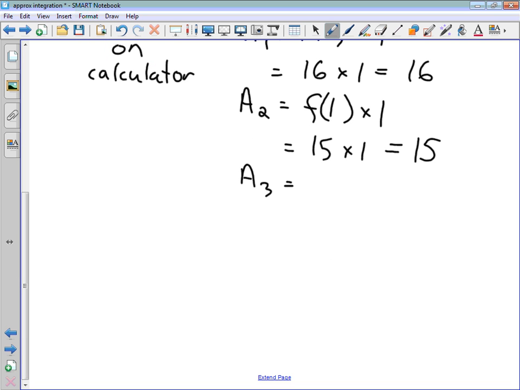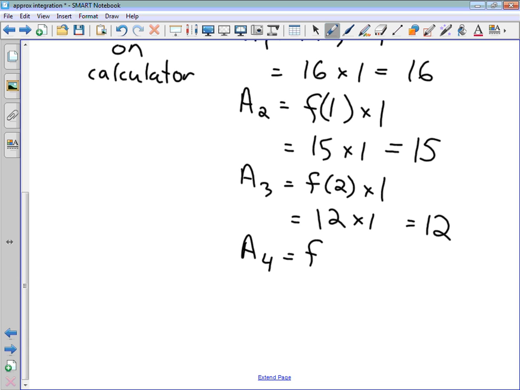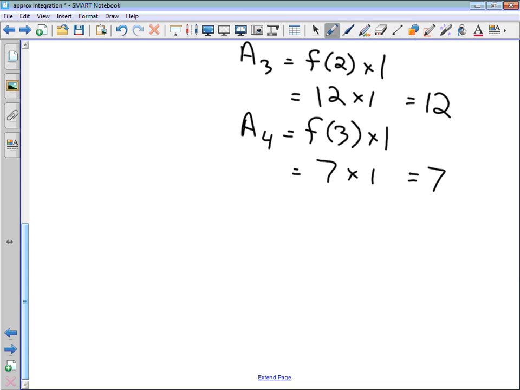A3 is going to be f at 2 times 1. f at 2 is going to be 12. 12 times 1 is just 12. A4 is going to be f at 3 times 1, f at 3 is going to be 7, times 1, so that's just going to be 7. So to get our total, we just add up all of these numbers. It's going to be 50.